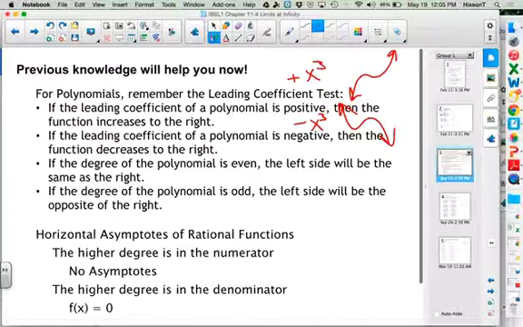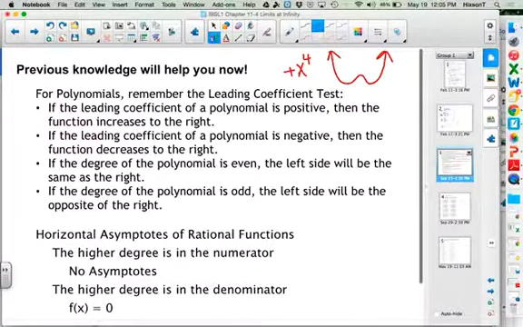However, if you've got an x to the 4th, if it's a positive x to the 4th, it's going to do some stuff in the middle, but it's going to go up on both ends. And if you have a minus x to the 4th, it'll do some stuff in the middle, but it's going to go down on both ends. Okay?